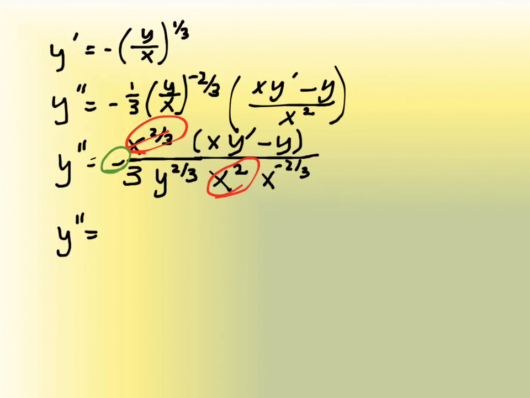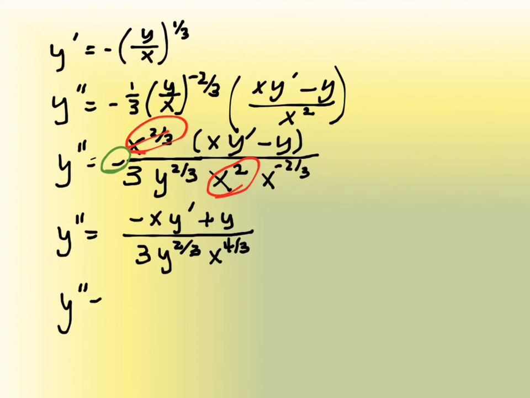I'm going to distribute that through the numerator, so this is now negative x y prime plus y. My denominator is 3 times y to the 2/3, and what do I have for x? X to the 2 minus 2/3. What's 2 minus 2/3? That is 4/3.